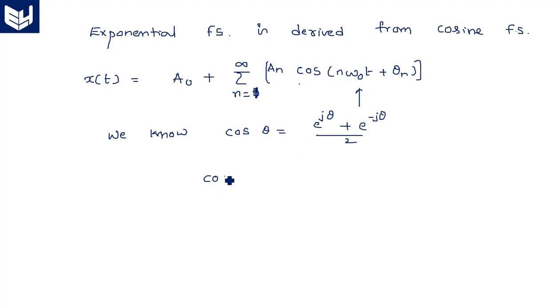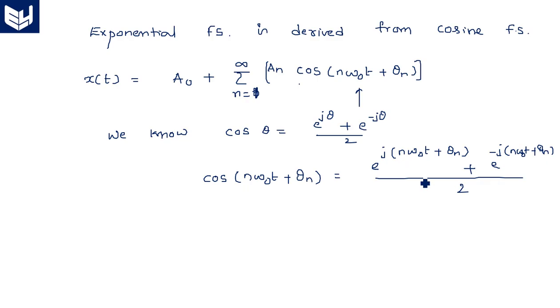In a similar way, cos of n omega naught t plus theta n is equal to e power j of n omega naught t plus theta n plus e power minus j of n omega naught t plus theta n, divided by 2. Now we need to substitute this exponential form in equation 1.